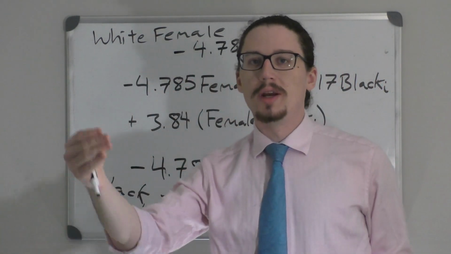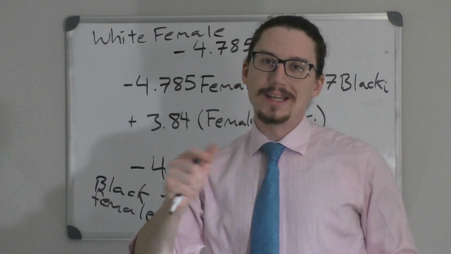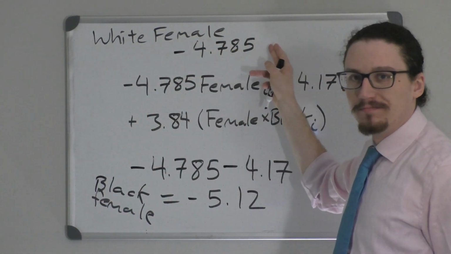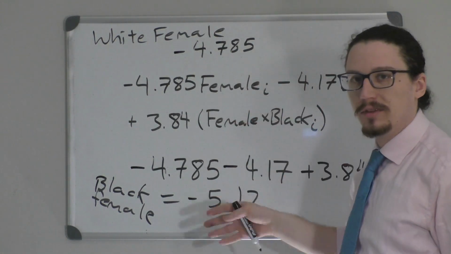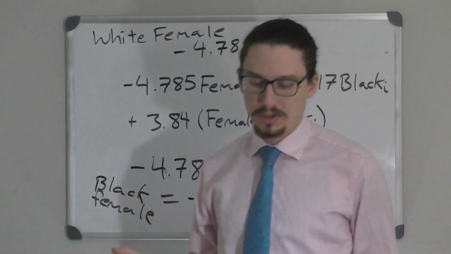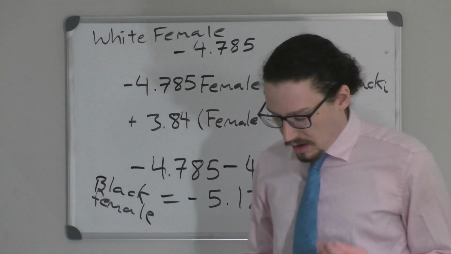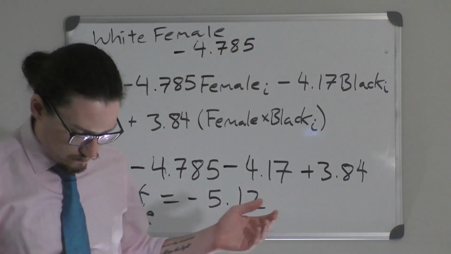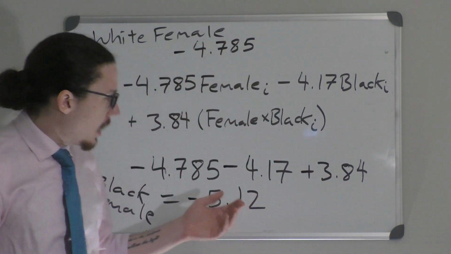Again, the value we get just from running through the calculation is relative to the reference group, that is white males. If you want to make any other comparisons, then you have to find that value and subtract them from each other. That's essentially what you would have to do.